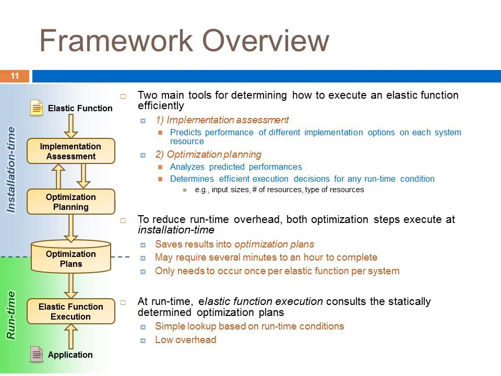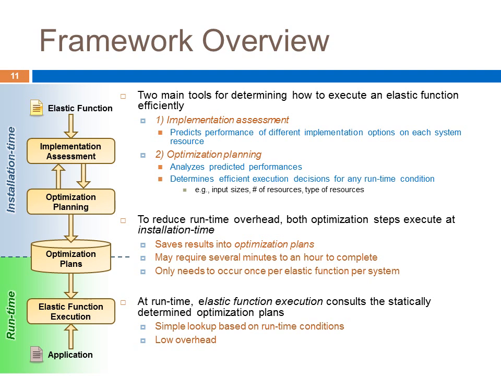And as you can probably guess, these 2 steps can be quite time consuming. So to avoid a huge runtime overhead, we instead execute these 2 tools statically at what we call installation time. So the way this works is that you install an elastic function into the framework, at which point it will perform these 2 steps and output a set of plans.